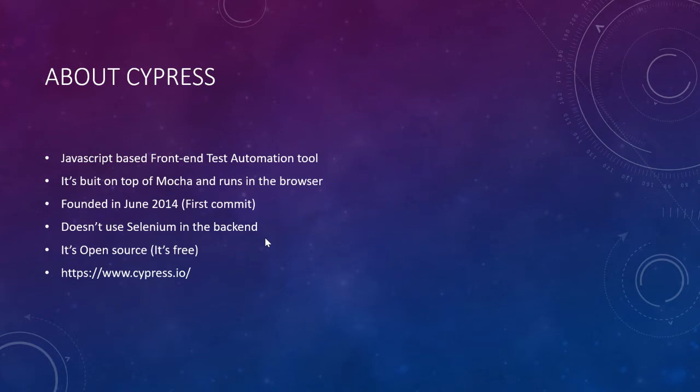And also, it's an open source tool, which means it is free. You can just download it, learn it, and start using it. www.cypress.io is the website for all the Cypress resources. You see all the documentation and all the details related to Cypress.